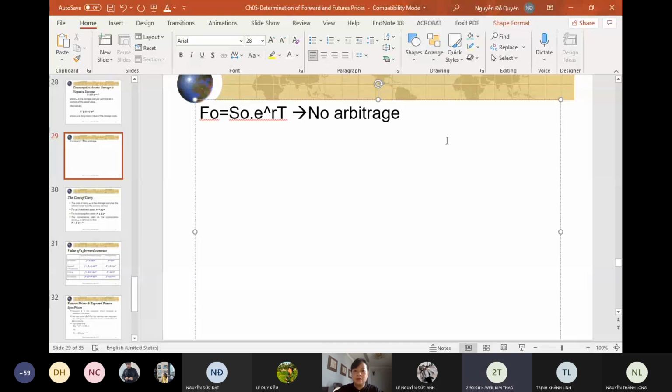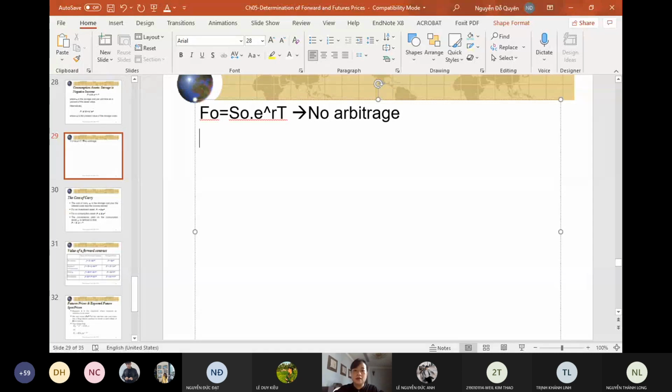Yes, thanks. All right. So this is what we are talking about. No arbitrage opportunity if F0 is the same as S0 multiplied by e to the power of rT. Do you agree with me? Then if this equal sign does not hold, we would have an arbitrage opportunity.